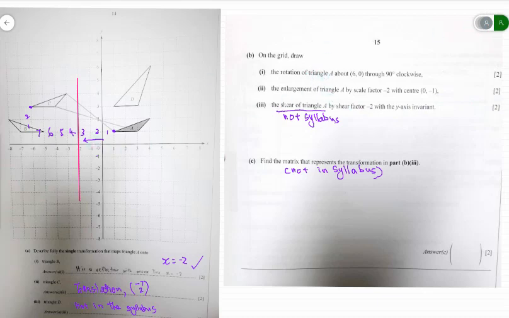Okay, now let's do some cleanup first. Now 60 is this point here. So I'm going to rotate clockwise 90 degrees.